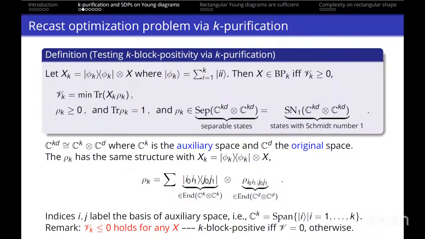Because the original problem is that you want to test whether X is block positive. Then you convert it to K-block positivity. You convert it to an optimization problem unrelated to one block positive. Yes. So that's how we read this definition.